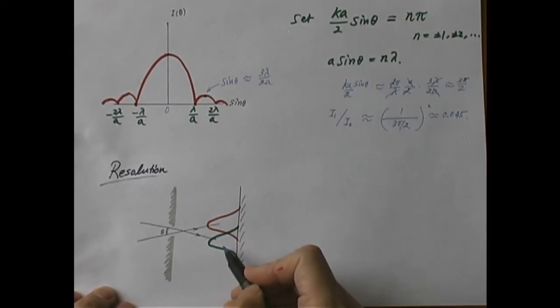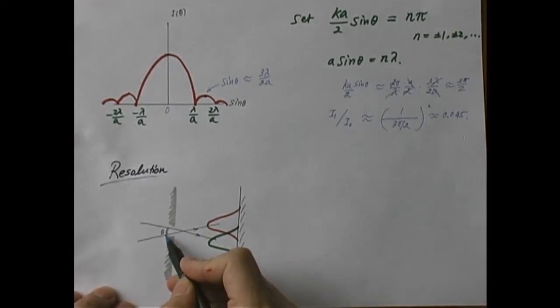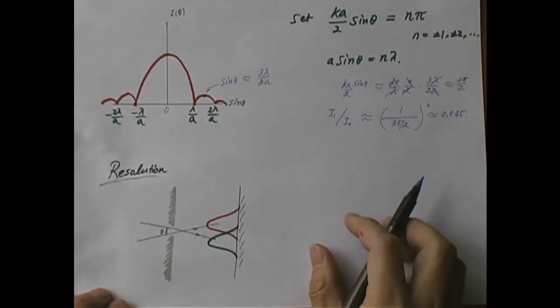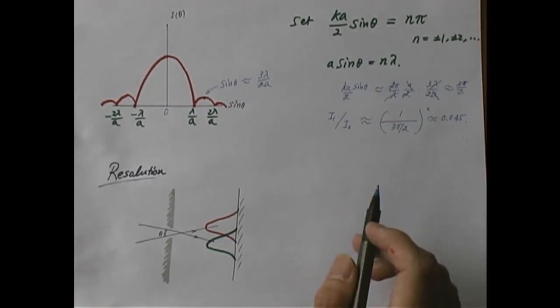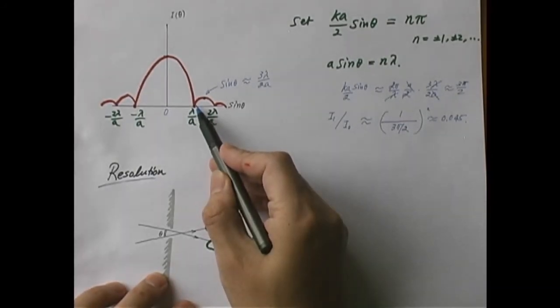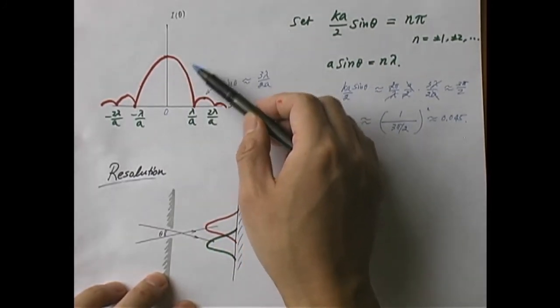You cannot tell that there are two different peaks. So what is the minimum angle theta such that these two peaks will appear distinctive to us? Well, one way that we can reasonably understand that is to assume that the edge of one peak happens to coincide with the maximum, or the center, of the other peak.